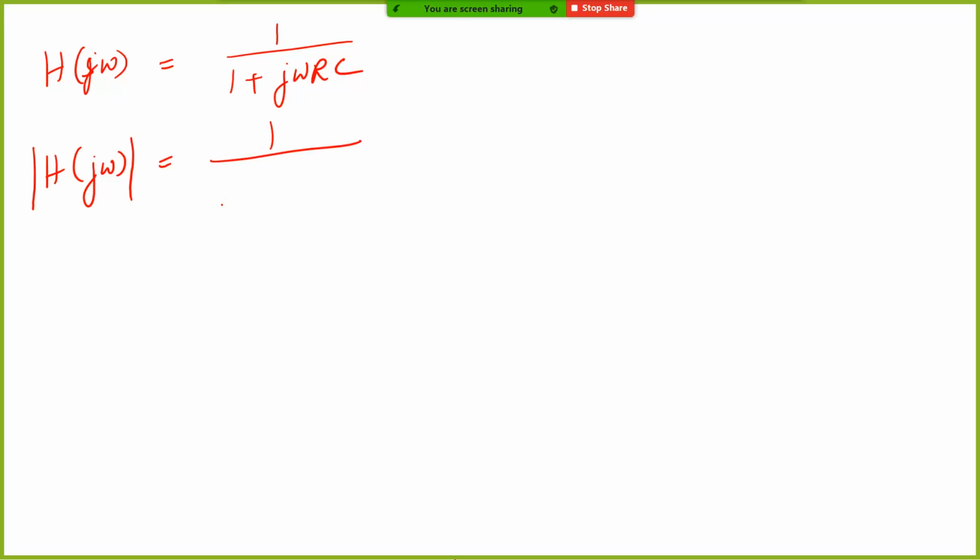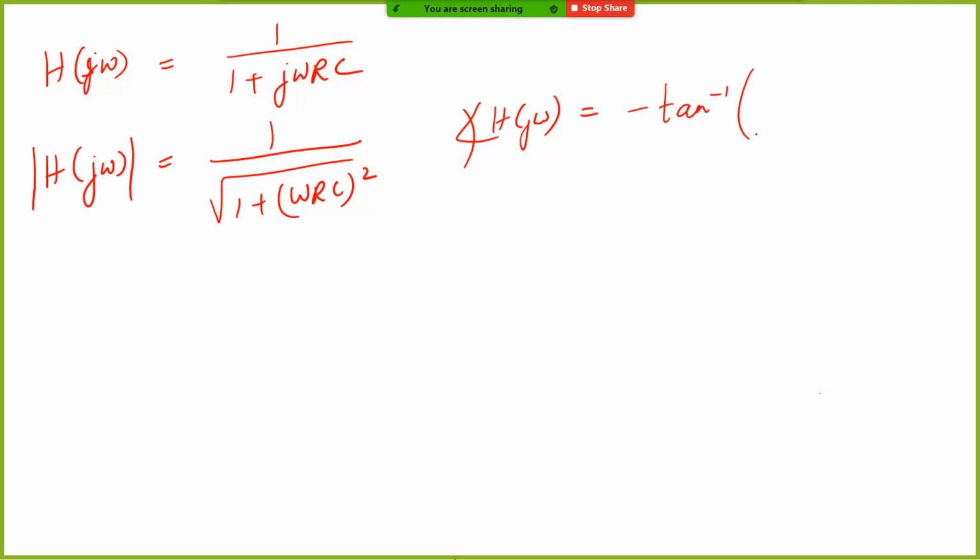It is 1 divided by root of 1 plus (omega RC) the whole squared, right? And the angle of H of j omega is what? Minus tan inverse of omega RC divided by 1, because it is in the denominator. Okay, right?